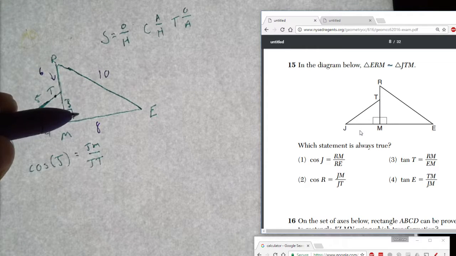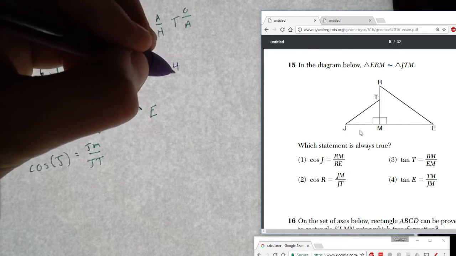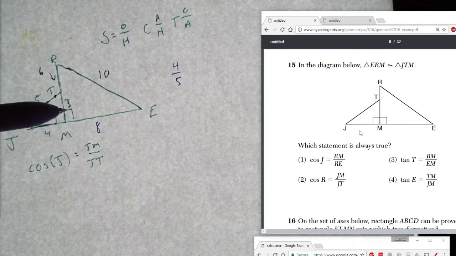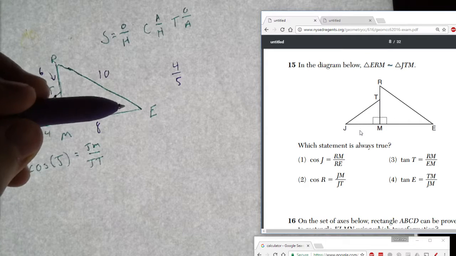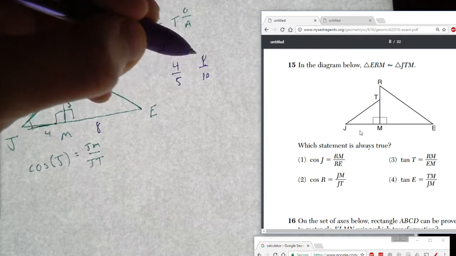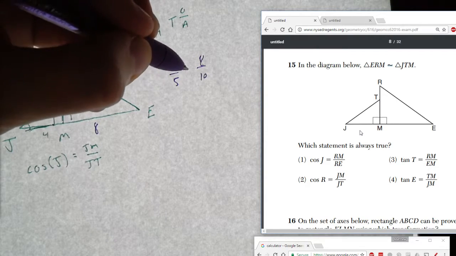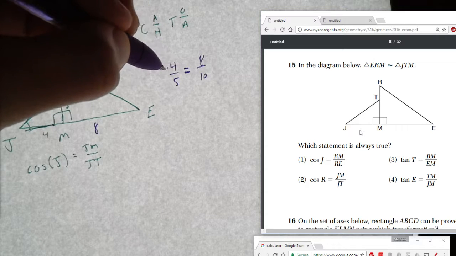If I took a fraction of my adjacent and my hypotenuse over here, it would be 4 over 5. And with the corresponding angle, adjacent and hypotenuse, 8 over 10. These individual numbers are all different, but these fractions are equivalent.